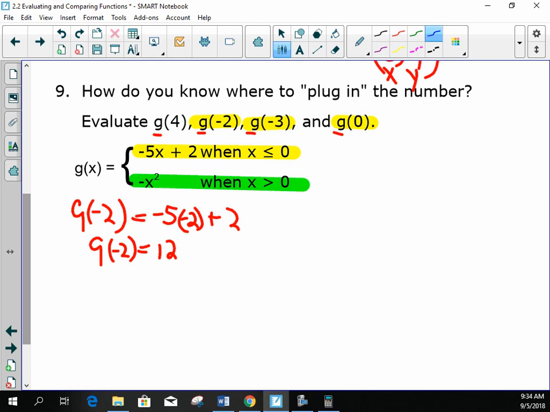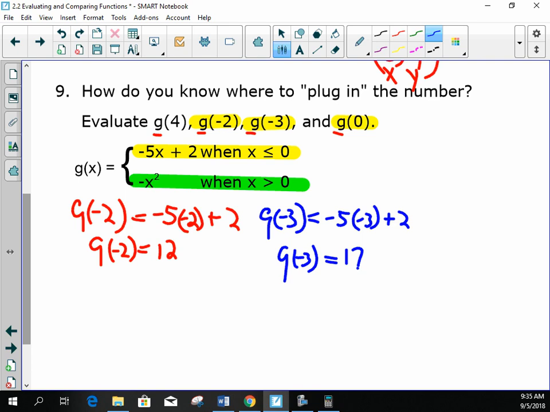So now, g of -3. G of -3 equals, we'll go in the same one, -5 times -3 plus 2. So g of -3 equals 17. -5 times -3 is positive 15 plus 2 is 17. You should be doing these in the calculator, not writing them down.